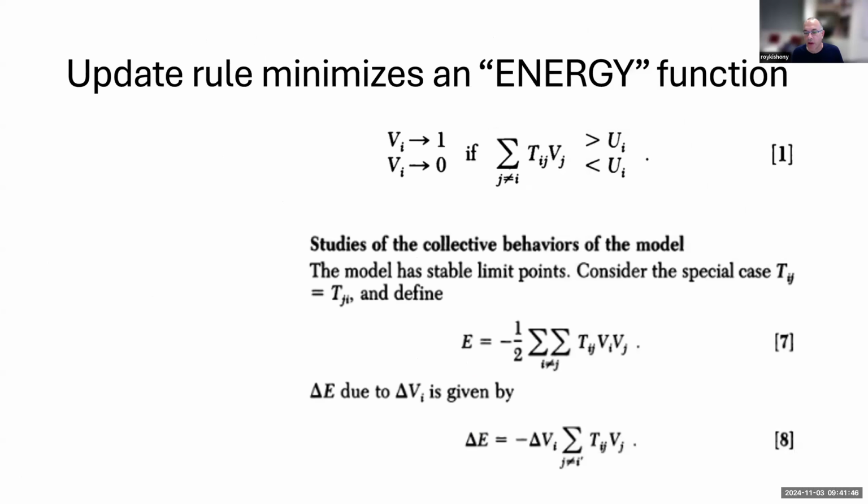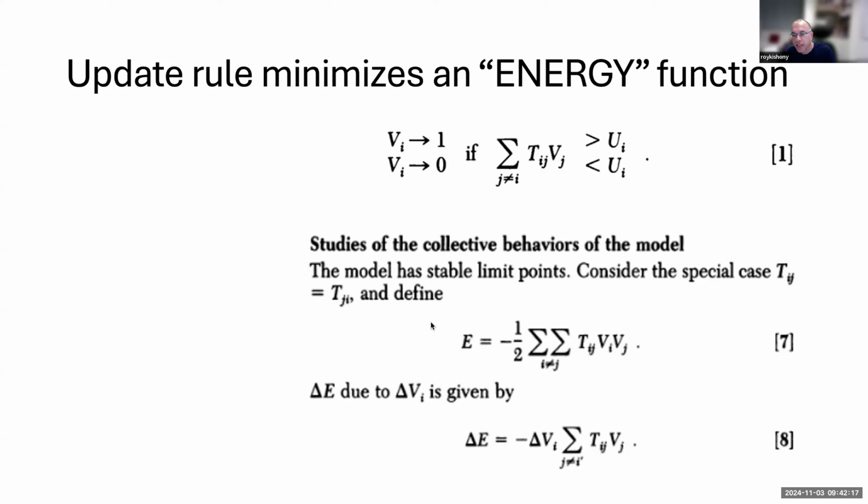Again, with the inspiration of physics, and not just inspiration, the point of view, the foundations of physics, what John Hopfield did is showing that this network actually obeys an energy function, a very simple energy function. Let's go over all the pairs of neurons and count their contribution with the weights of the interaction matrix.